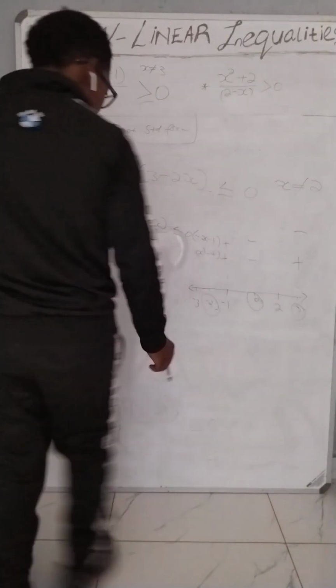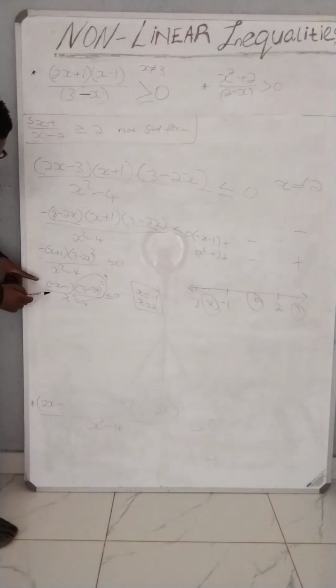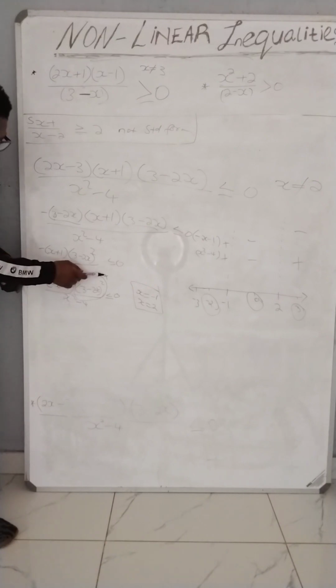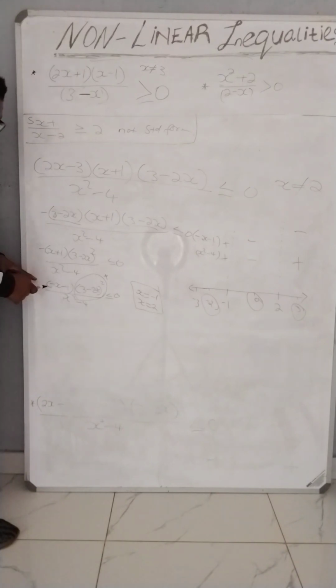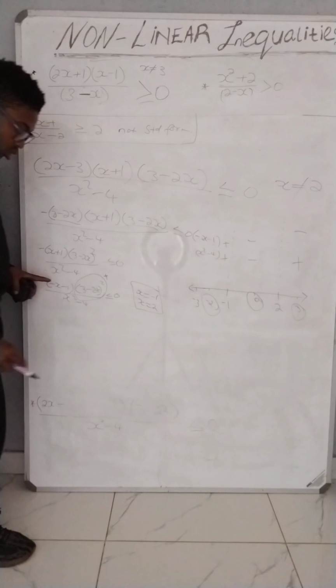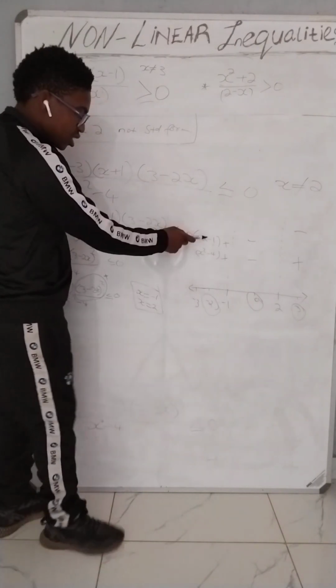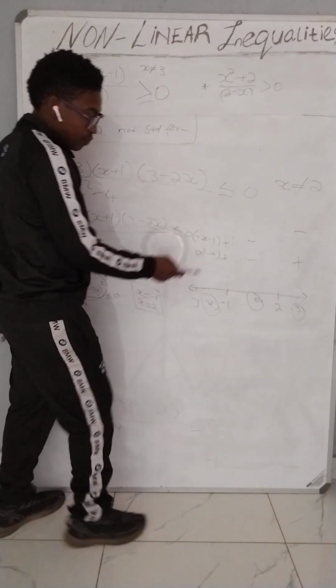So now it is this divided by that. That is already positive. It is this divided by that, and you want a product of negative, so that negative times positive is negative, which is less or equals to 0. So now you say this divided by that.